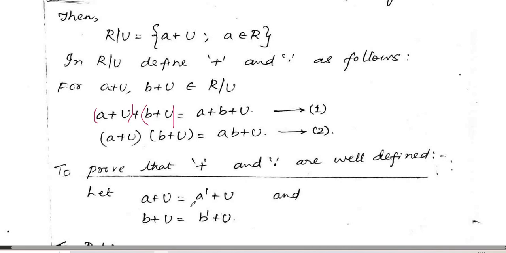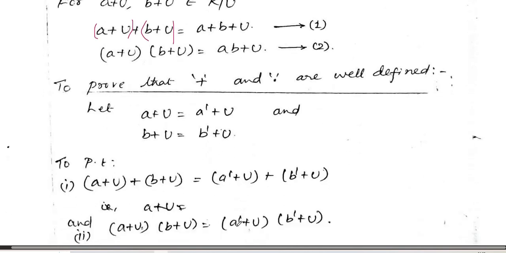That is, a plus U is equal to a prime plus U, b plus U is b prime plus U. Now we'll have to prove that this operation addition is actually a function. So to have this well defined, this is what we need to establish.